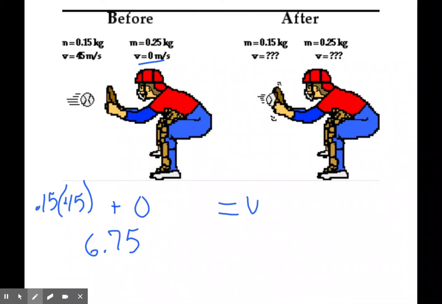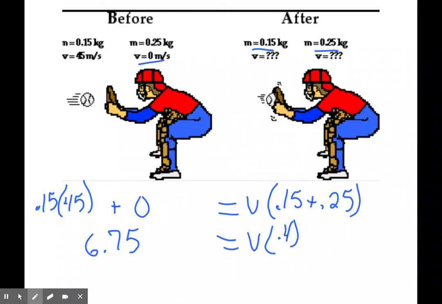Afterwards, they're going to have the same velocity, so 0.15 plus 0.25, so the mass of the ball and the mass of the guy. So 6.75 is going to be V times 0.4.